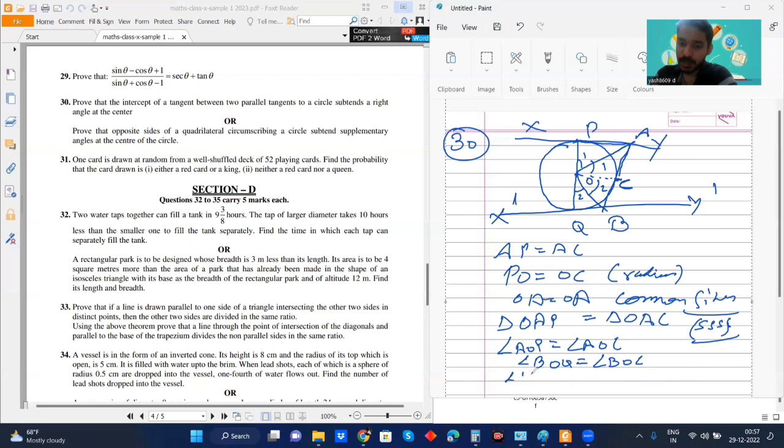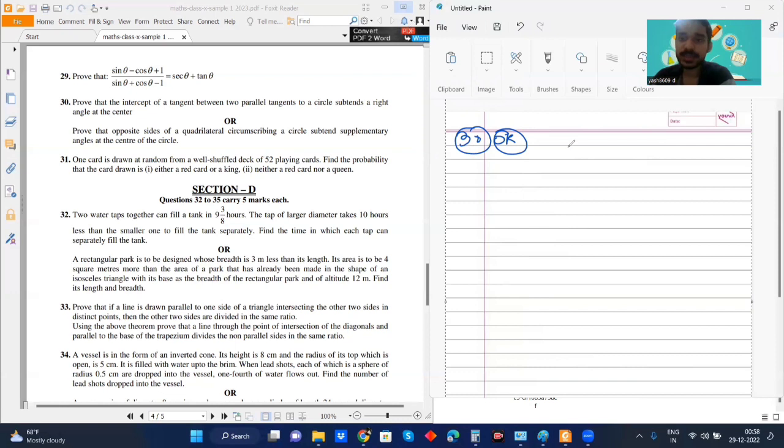So I will write angle 1 plus angle 1 plus angle 2 plus angle 2 is equal to 180, or twice of angle 1 plus angle 2 is 180, or angle 1 plus angle 2 is 90, which is nothing but the angle at the center AOB. Hence proved. Okay.